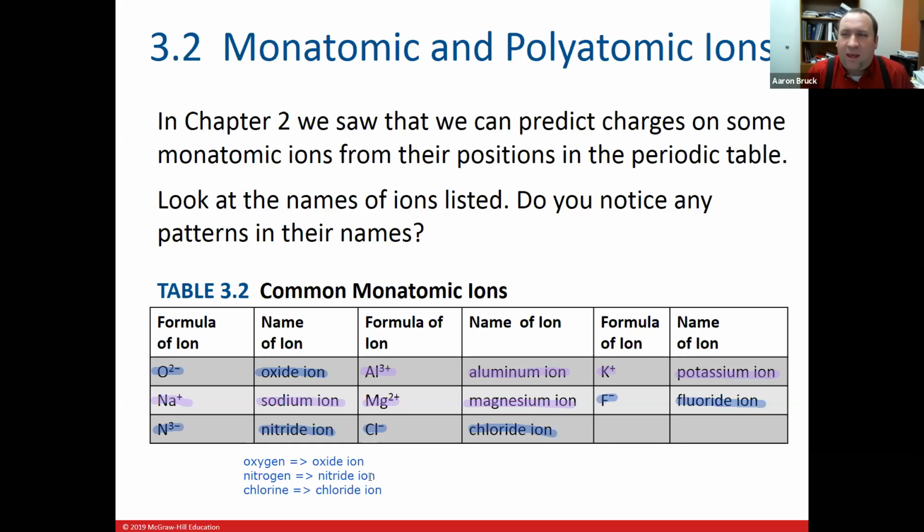Now, you may be thinking, well, why do we have to keep tacking on ion to the end? Well, the answer there is relatively simple. It's to avoid confusion. By calling the ions ions, we are differentiating them from molecules and elements that have similar or the same names.